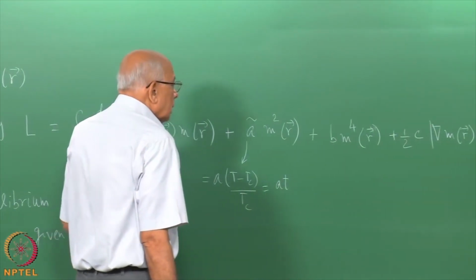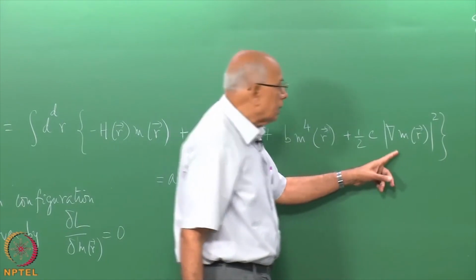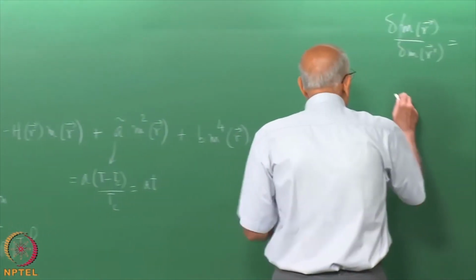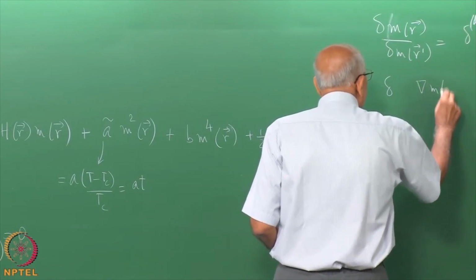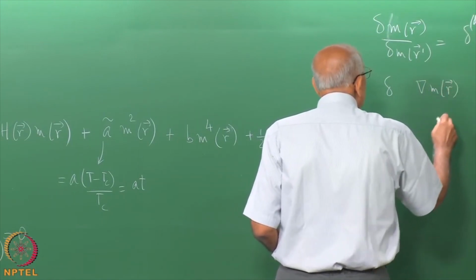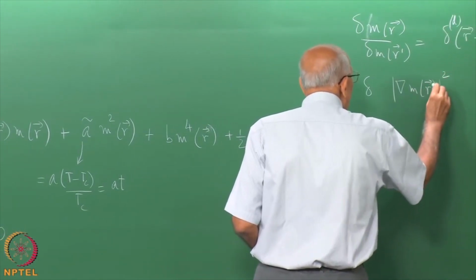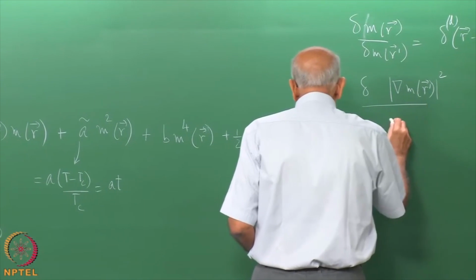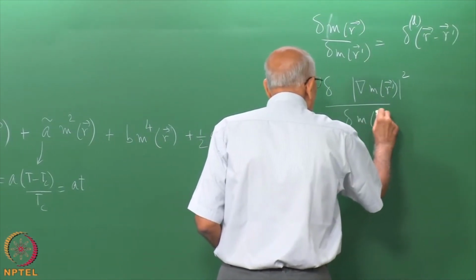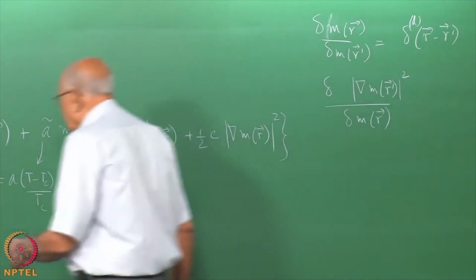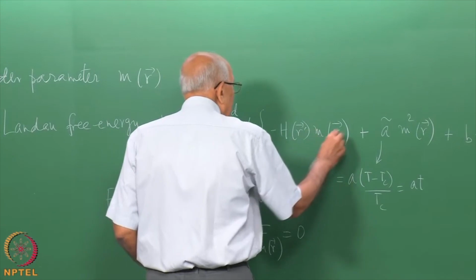Then of course, the only non-trivial term is this, and I argued that the functional derivative of the gradient of m of r prime mod squared divided by delta m of r is what you are going to have to differentiate out here.